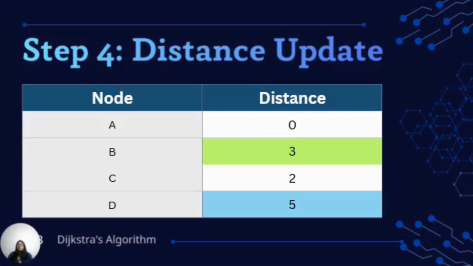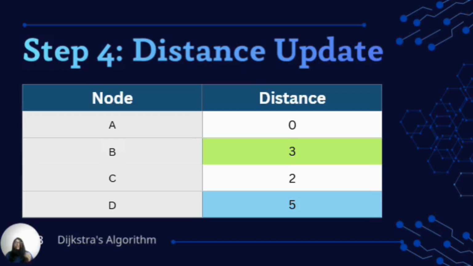After visiting C, we examine its neighboring nodes. We calculate whether traveling through C gives us a shorter route. If a shorter route is found, we update the distance table. This process is called relaxation. The algorithm continuously compares all distances with a newly discovered distance and keeps the smallest value.